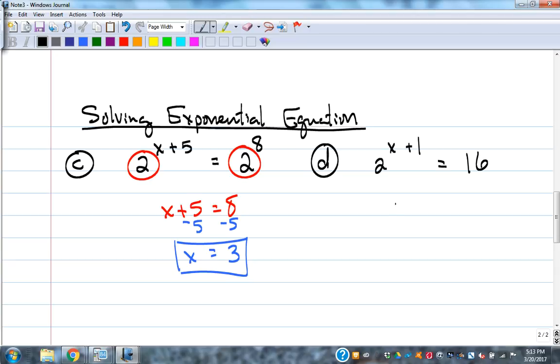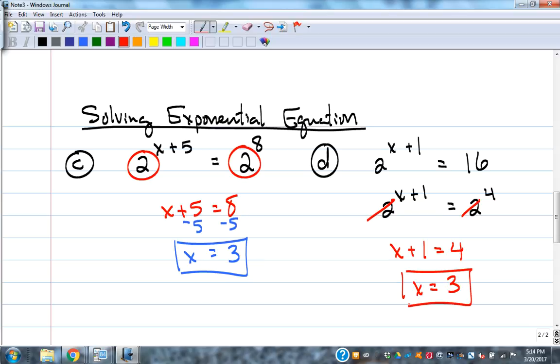So it's 2 to the fourth power. So then our equation ends up being what? Because the bases are the same now, it's just x plus 1 equals 4. So x would be equal to 3. Different equation, same answer.